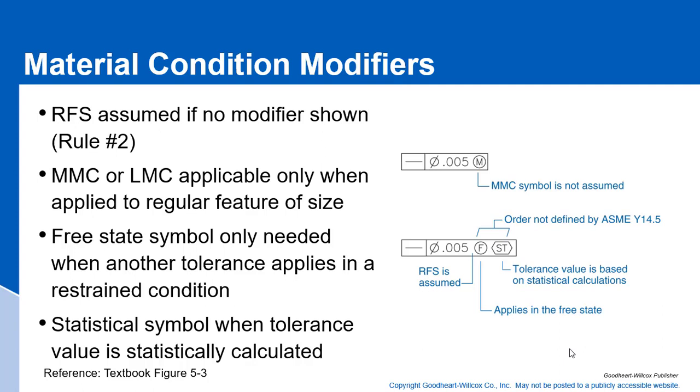Okay, and we'll talk about what that means. And then statistical symbol when tolerancing value is statistically calculated. Yeah, we're not going to talk too much about that in this course.